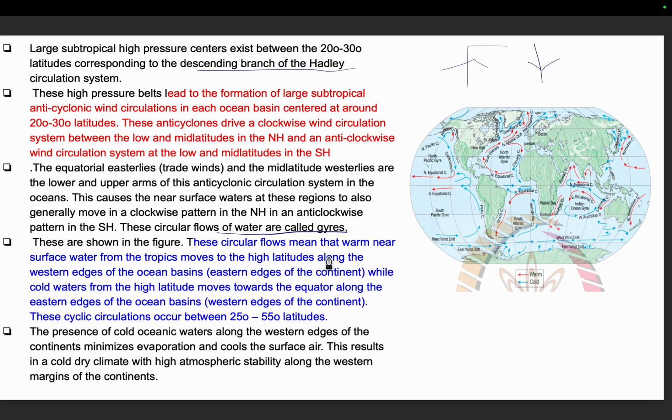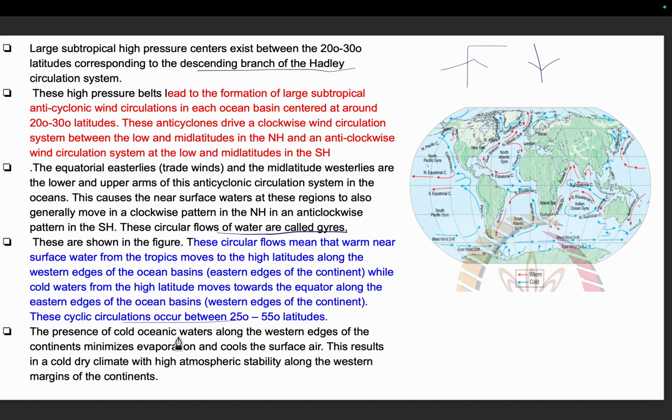This circular flow means that surface water from the tropics moves to the high latitudes through the western edges of the ocean basins, or the eastern edges of the continents, while the cold water from the high latitudes moves toward the equator along the eastern edges of the ocean basins, or the western edges of the continents. This circulation occurs between 25° to 55° latitude.